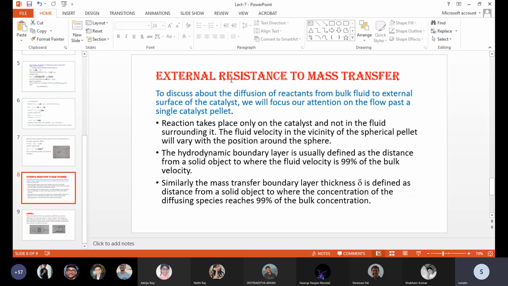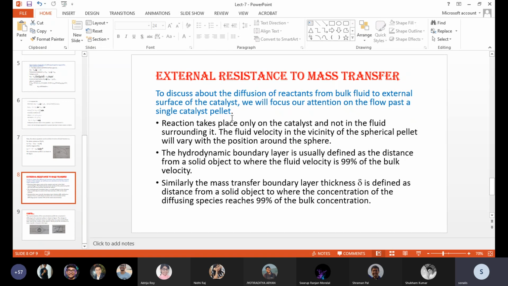Now, external resistance to mass transfer. We have talked about the external diffusion. Now, this mass transfer or diffusion, how is it posing the resistance? To discuss the diffusion of reactants from bulk fluid to the external surface of the catalyst, we will focus our attention on the flow past a single catalyst pellet.